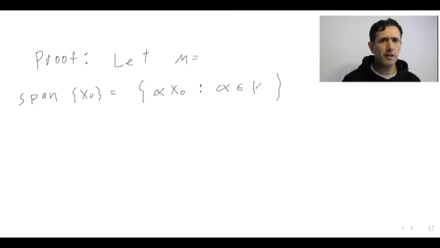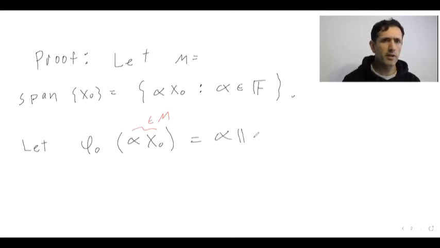And let's define the obvious bounded linear functional on M. Let's say phi 0 on M is given by the following. Well, everything in M is given by alpha x0. So this is just going to spit out alpha times the norm of x0.